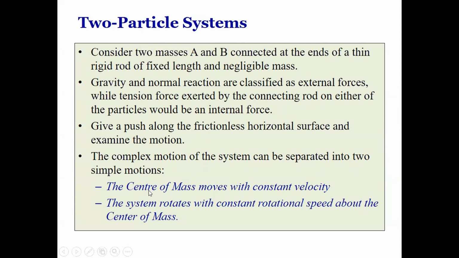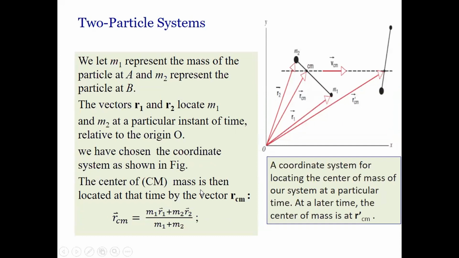One motion is that the center of mass is moving with a constant velocity, and the system rotates with a constant rotational speed about the center of mass. Then let us describe it further.